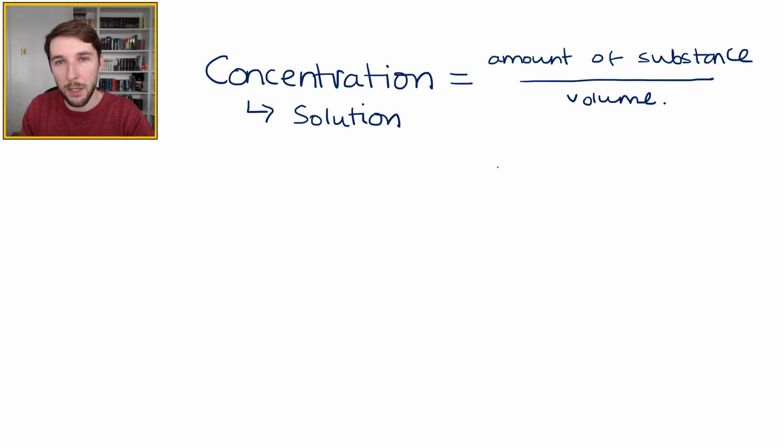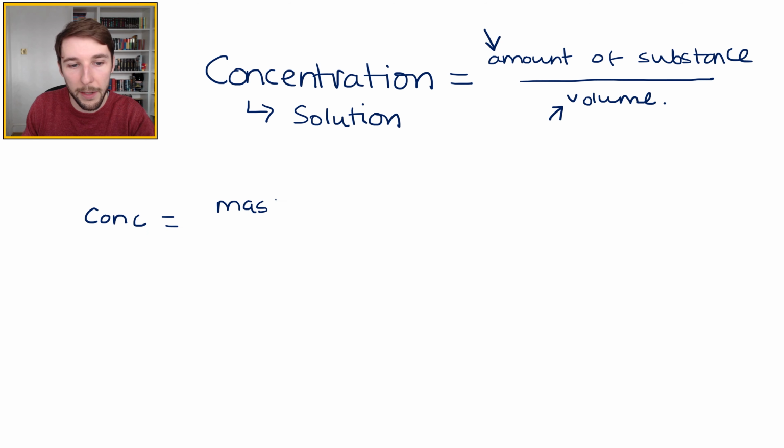But depending on whether you've studied combined science or triple science, you'll have potentially different understandings of what we mean by this amount of substance and what we mean by this volume here. So I want to start off by talking about the most basic explanation of concentration, which is where concentration equals mass divided by volume.